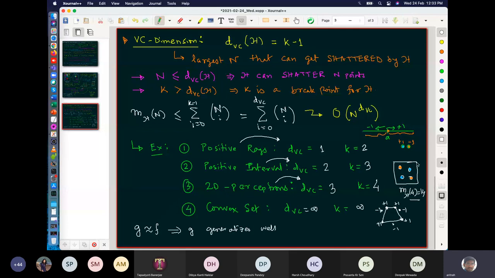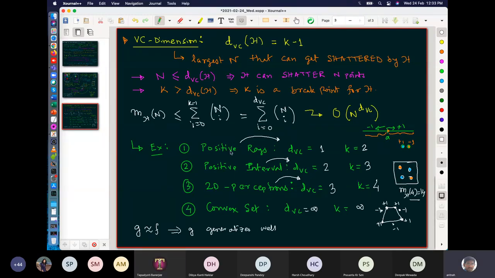It's linear, and therefore I could not shatter all points from N equal to 4. So it's independent of the input distribution. It is independent of the learning algorithm. It is independent of the target function, because anyway you do not know that. It's only dependent on the hypothesis set, because it's a perceptron, or a positive interval. That is the power of the hypothesis set that you want to make, and it depends on the final hypothesis that you are trying to produce here. Okay. So these two concepts are clear, right? I hope, breakpoint and VC dimension.